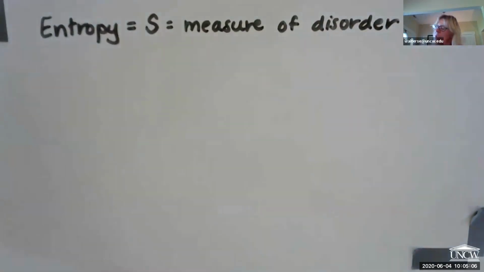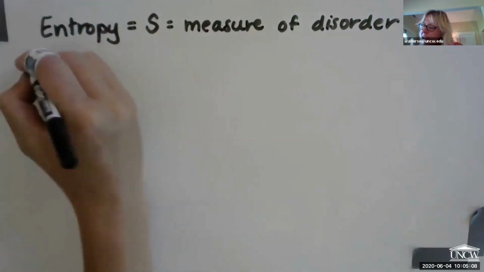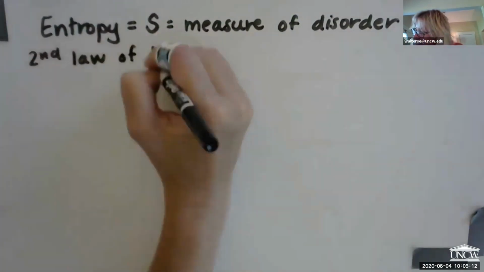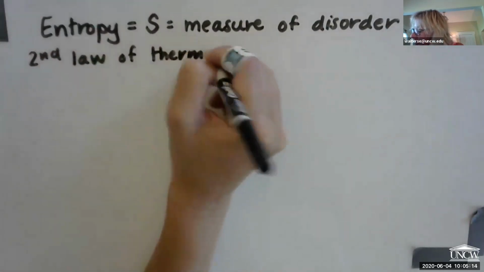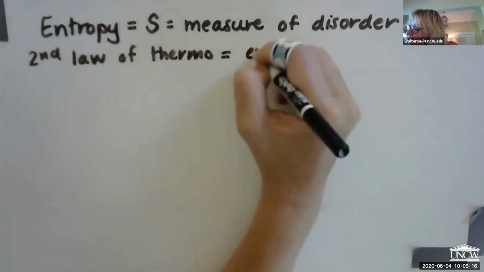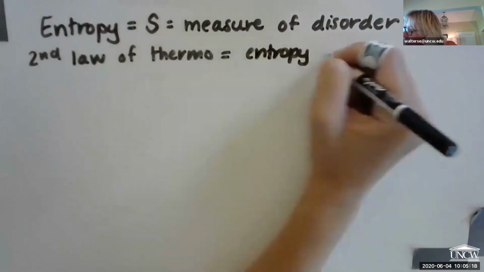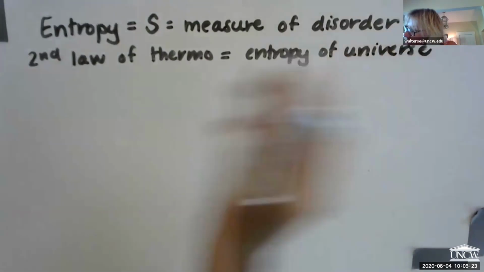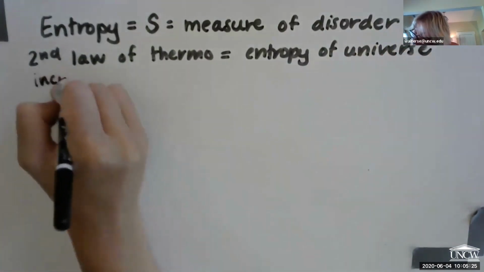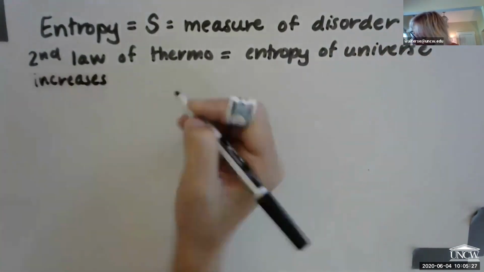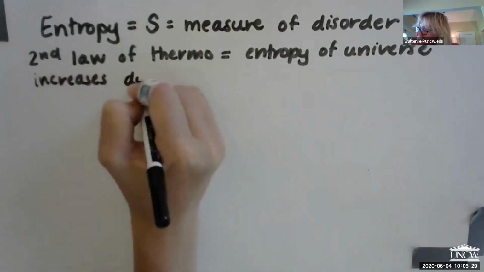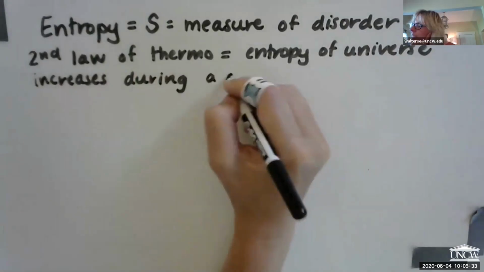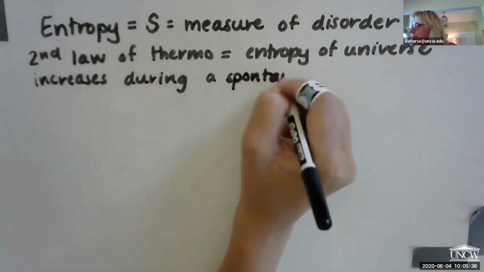The second law of thermodynamics tells you that the entropy of the universe increases as a result of a spontaneous process.